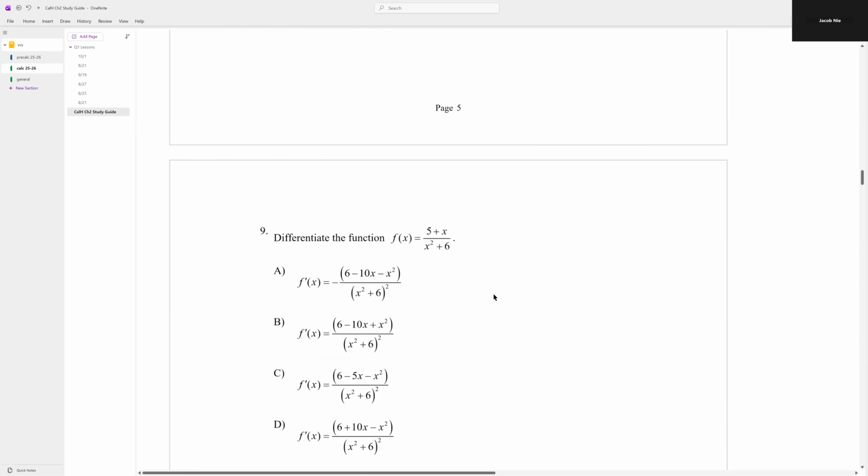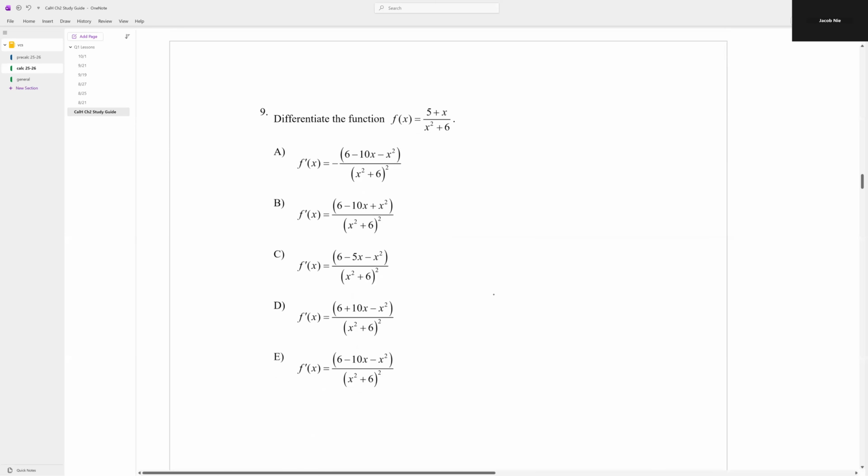All right. Question 9, differentiate this function. This is clearly a case in which we ought to use quotient rule because we have the quotient of two functions of x, to which we know the derivatives. And so using quotient rule, remember low d high minus high d low, all over low squared.